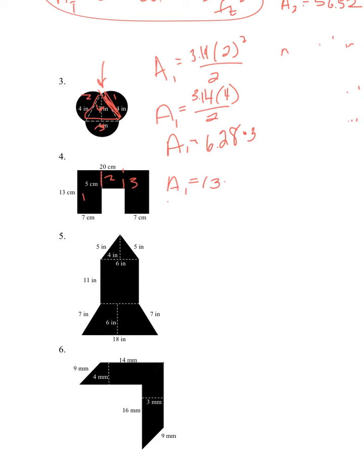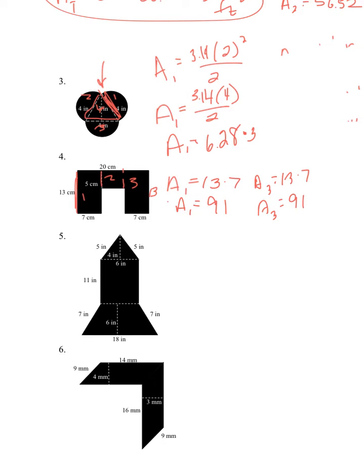So 13 times 7. So the area of piece 1 is going to be 91. And that's going to be the same as the area of piece 3, since this side here is 13, this side has to be 13. So the area of piece 3 is 13 by 7. So the area of piece 3 is 91.